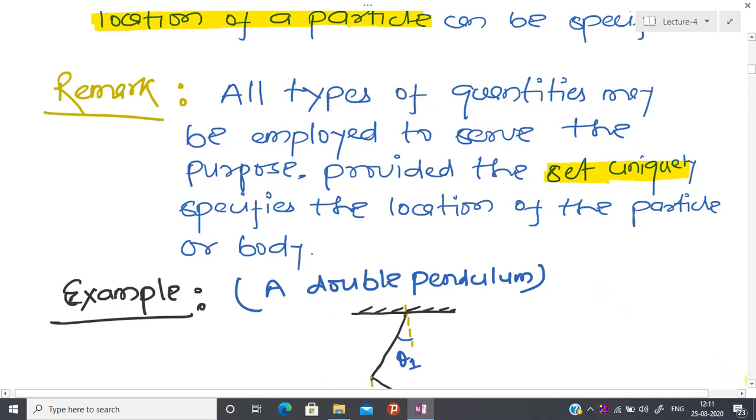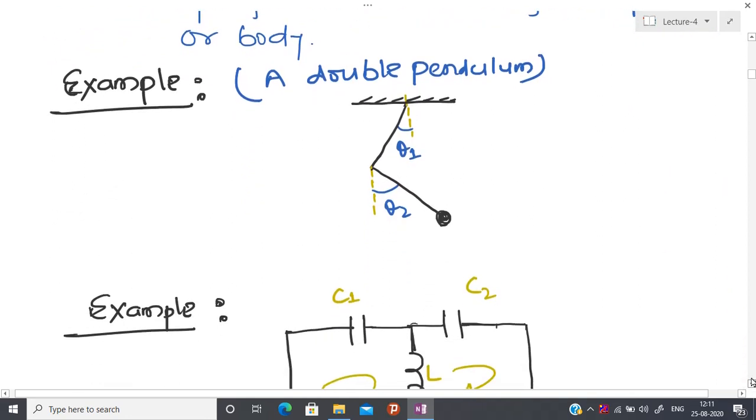Let us try to see some simple examples. I have taken the example of the double pendulum. Again, I have started from an example from mechanical engineering. Here you can see that I have mass m, and this pendulum is called a double pendulum. You can see that I have one string here, and the second string is here.